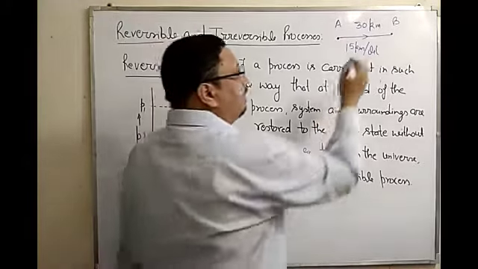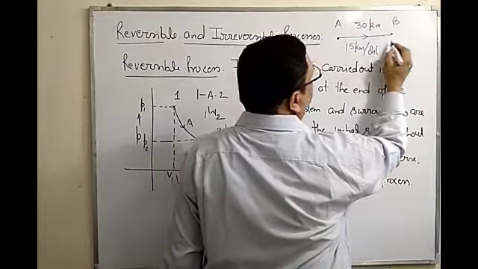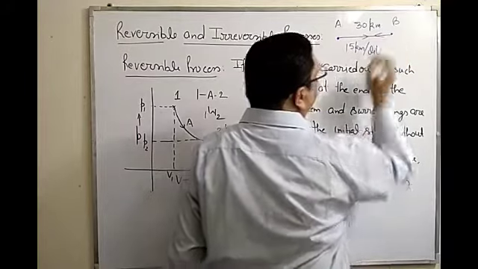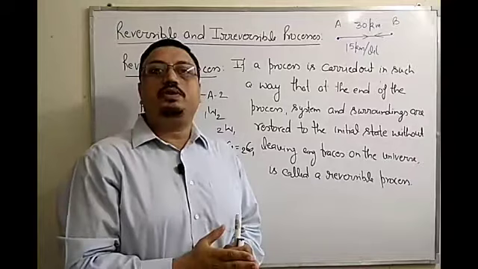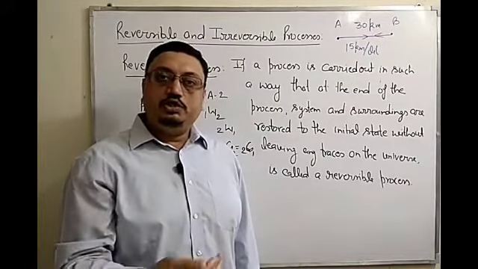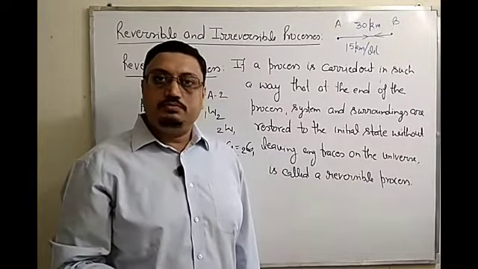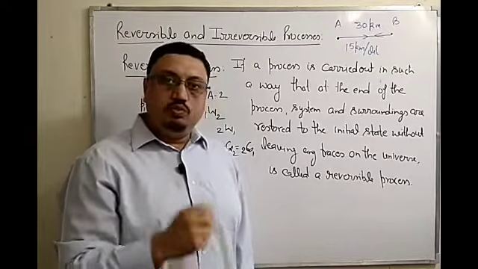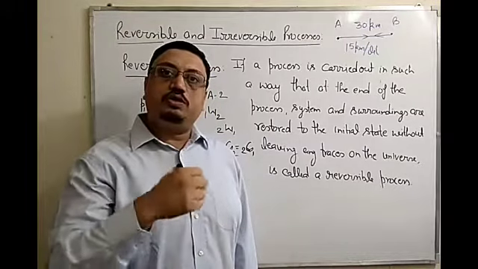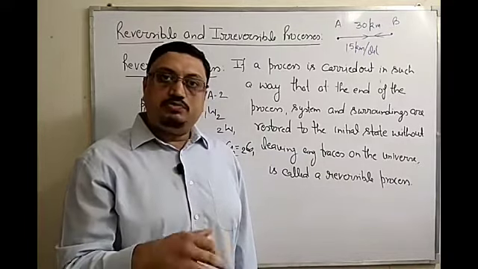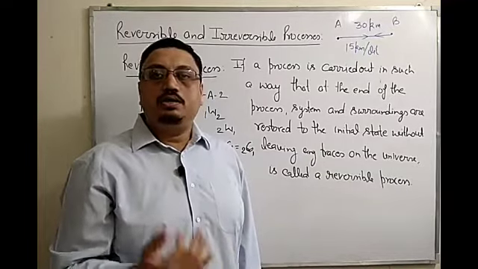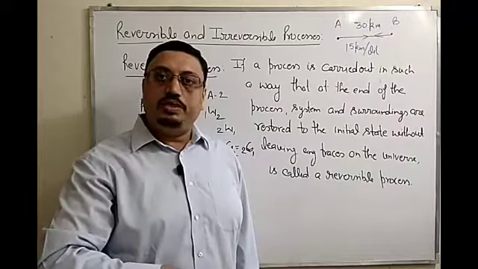Now if I come back from B to A, then this petrol which was consumed in the motion from A to B should be regained in the petrol tank. The same amount of petrol, that was 2 liters, should come back to the petrol tank. Not only this, the exhaust which was released in the environment by the car should also come back to the engine, to the vehicle.